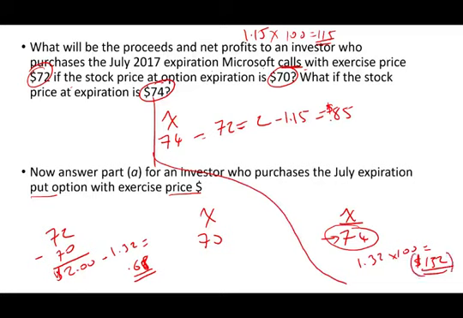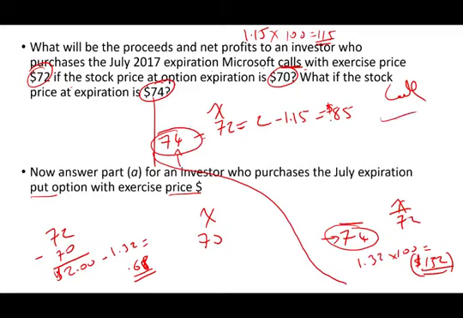So for the call, the exercise price is 72. When the price is 74 for the call, you have a gain.